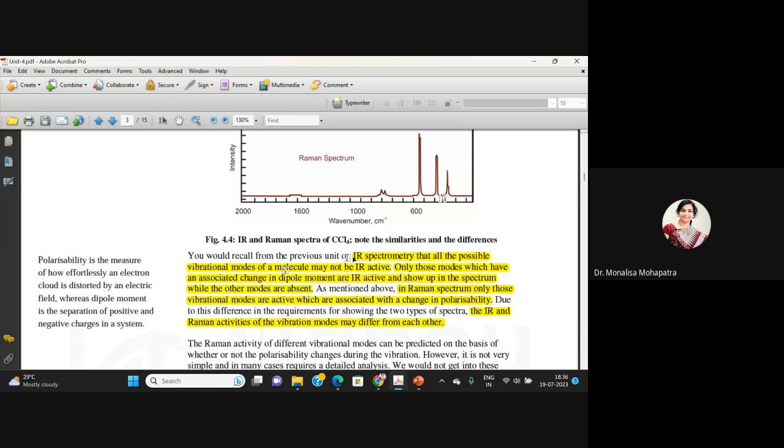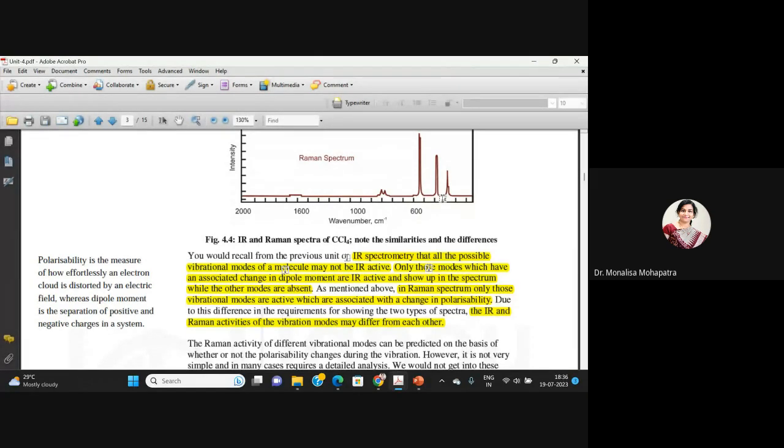Here you can see, in IR spectrometry, that all possible vibrational modes of a molecule may not be IR active. In the previous unit, we saw that only those modes which have an associated change in the dipole moment are IR active.